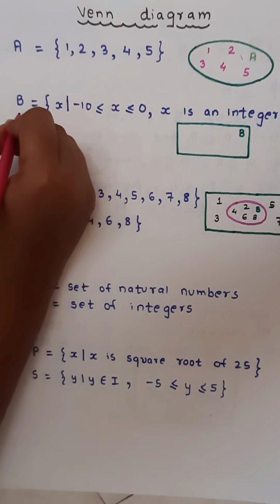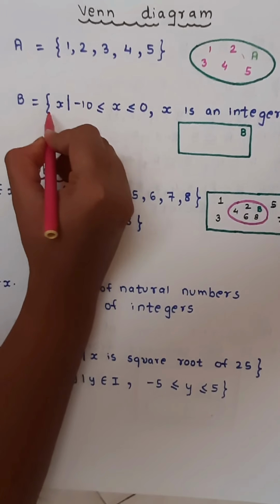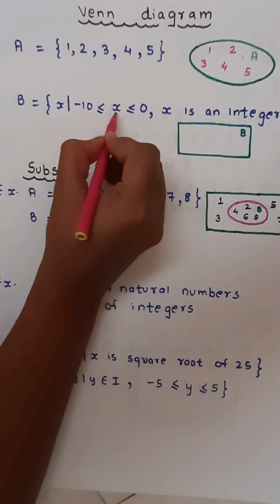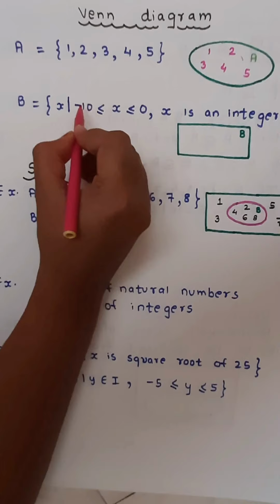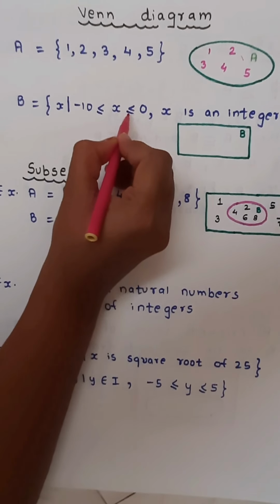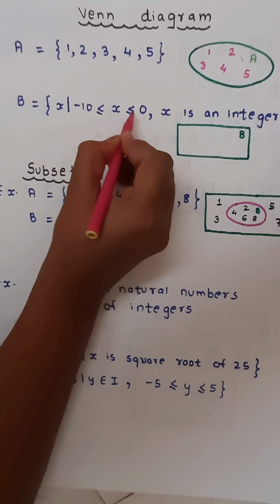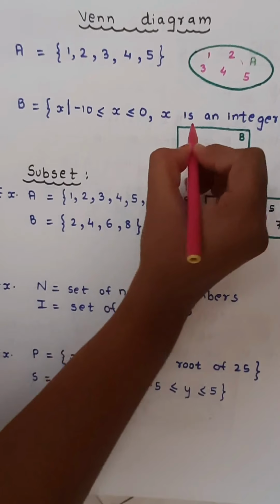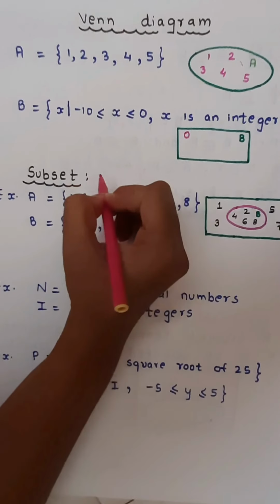Next I have B, the set of all x such that x is in between 0 and minus 10. Now the symbol that you can see over here stands for x is less than or equal to 0. Less than or equal to 0 means 0 is also included.